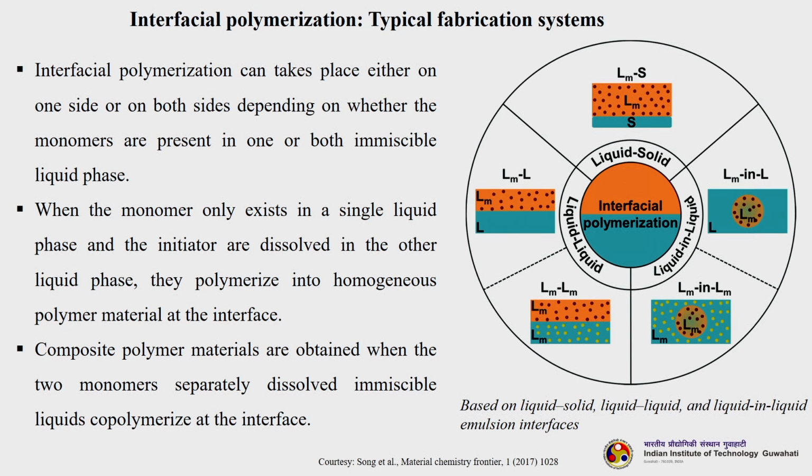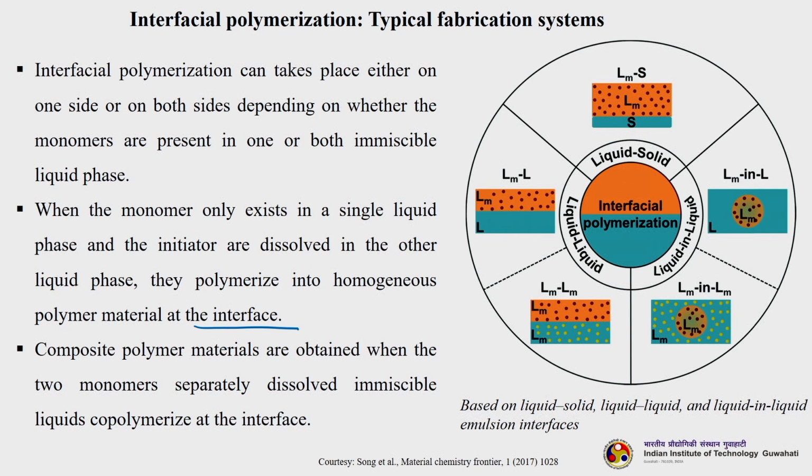When the monomer only exists in a single liquid phase and the initiator is dissolved in the other liquid phase, they polymerize into a homogeneous polymeric material at the interface. Okay. So, the interface is very important, and polymerization happens only at the interface. Composite polymer materials are obtained when two monomers separately dissolved in immiscible liquids polymerize at the interface.